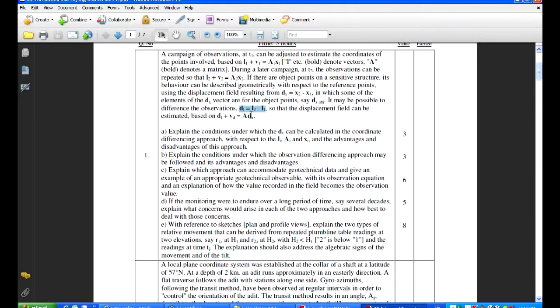This then develops into the fact that we can also then incorporate geotechnical information, which is basically differences in values. Like an extensometer is basically a distance differencing device. And that's basically what we mean in question C.